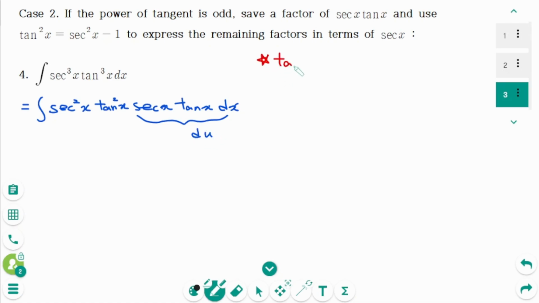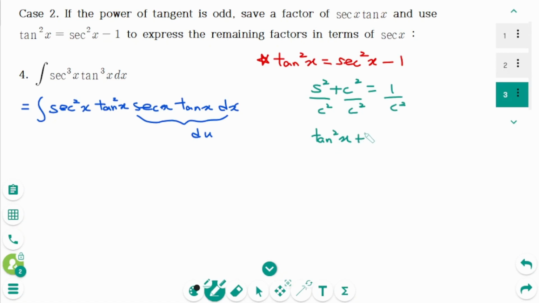Use the trig identity tangent squared x equals secant squared x minus 1, or we can start sine squared plus cosine squared equals 1, then divide by cosine squared on each side, then sine over cosine is tangent squared x plus 1 equals 1 over cosine is secant squared x, then tangent squared x equals secant squared of x minus 1.